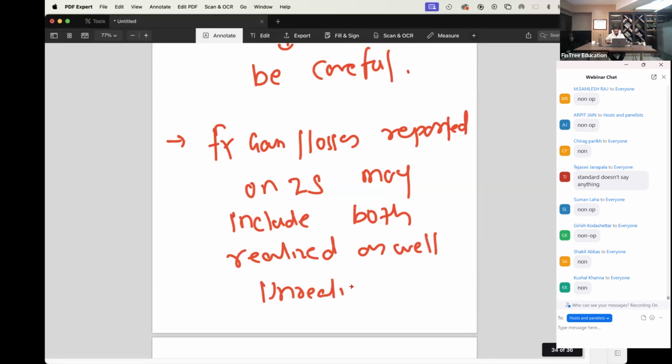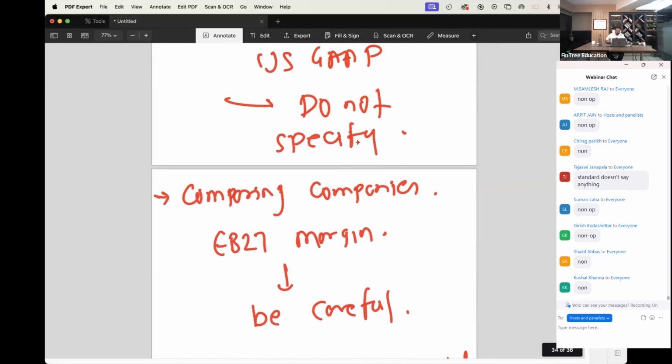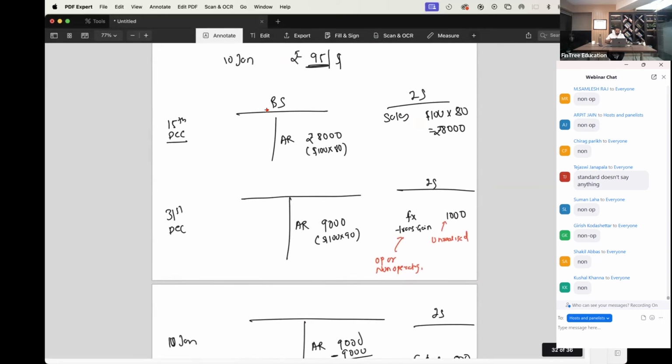Do you agree? We just saw that in example. In one case, it was realized. In one case, it was unrealized. So as an analyst, you again need to be careful because quite possible the unrealized gain might disappear if the currency depreciates in the next quarter. Is that okay? So just simple analytical treatments, and I think this section is over for us.